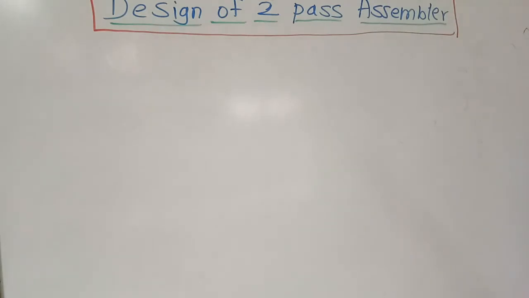Like the data structures in computer science, here it also records the different things in different tables. Symbols are recorded in a symbol table, literals are recorded in a literal table, opcodes are recorded in an operation code table, and lots of such databases are available with the assembler.